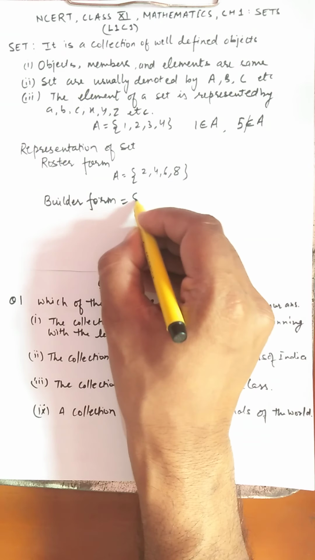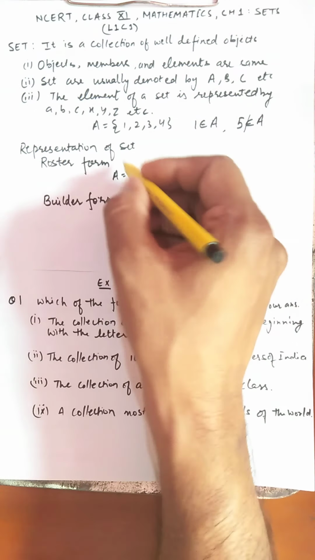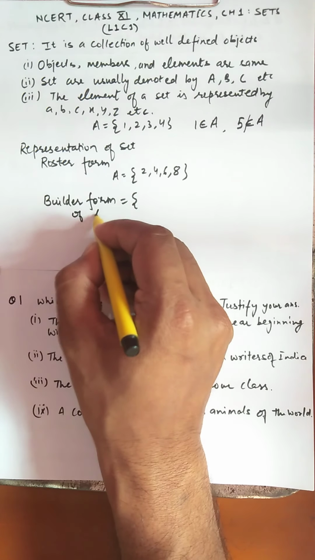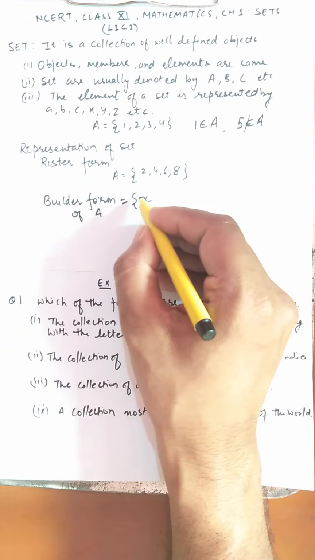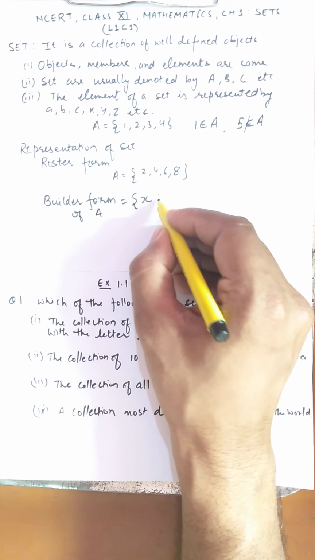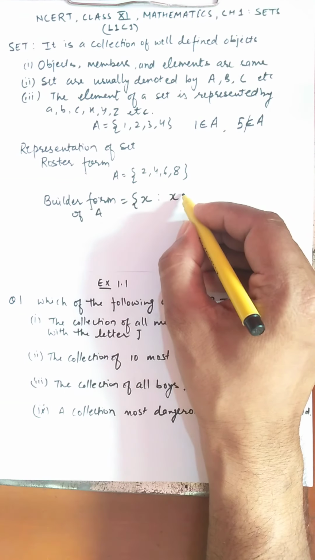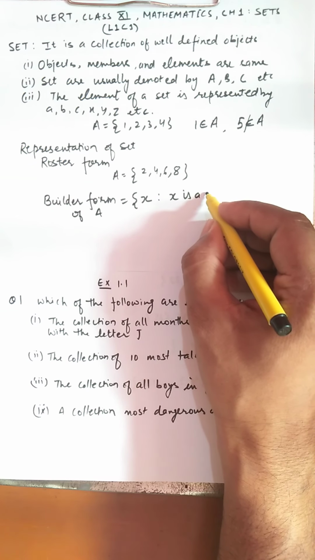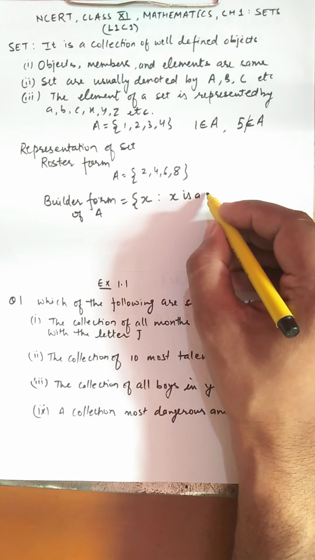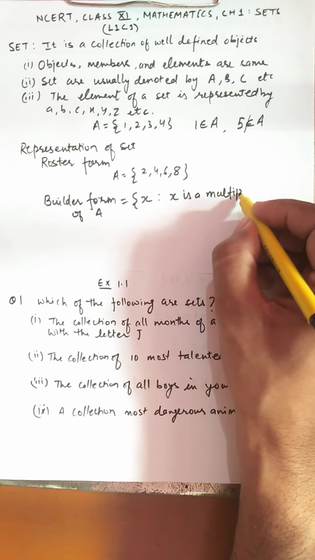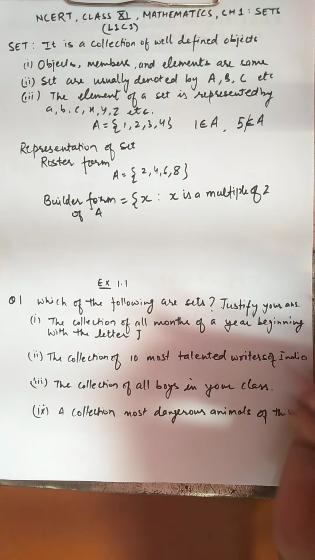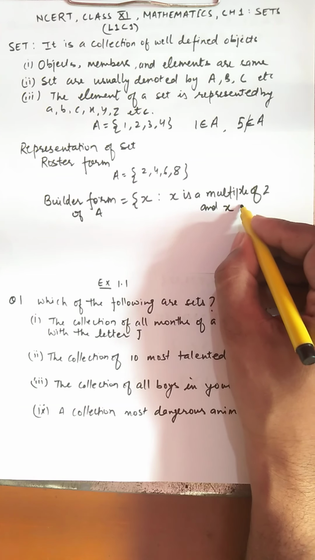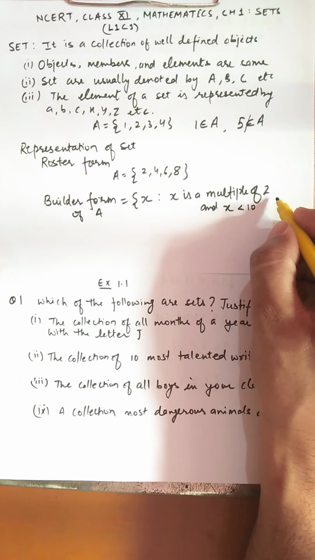Taking the same set A, the builder form of A I can write as {x : x is a multiple of 2, and x is less than 10}.